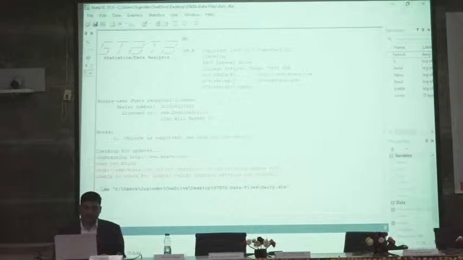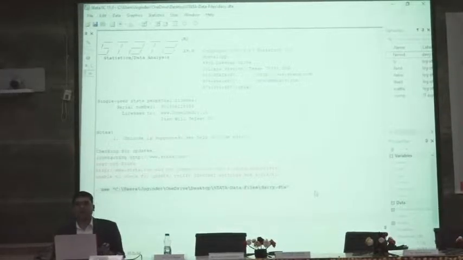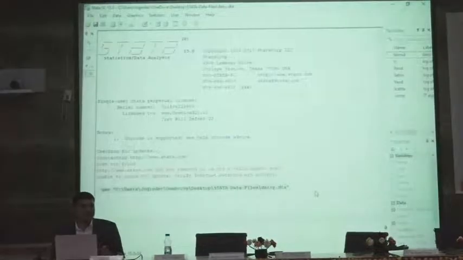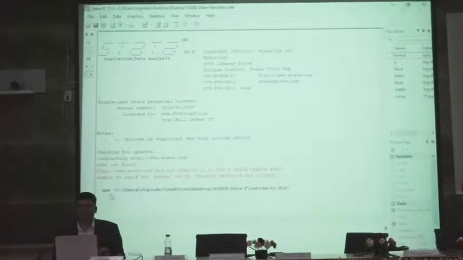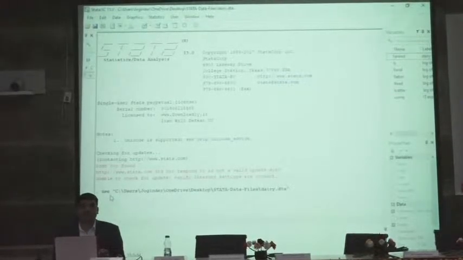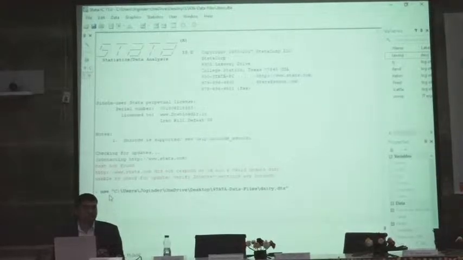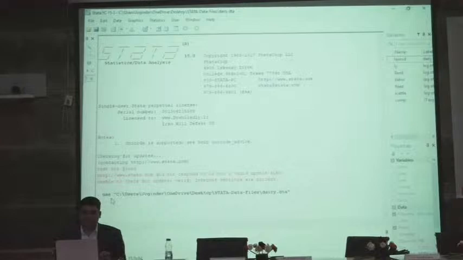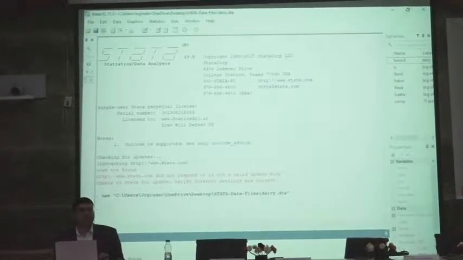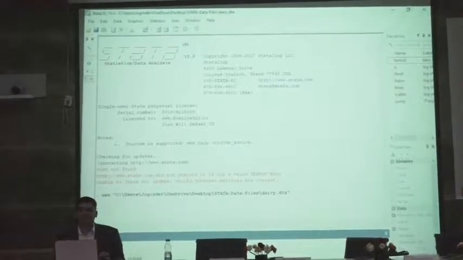And this is the command you use to import the data by using the command: use, and the destination of your file. Then how to generate any variable or anything? Use the generate command. Which is the shortcut for the generate command?